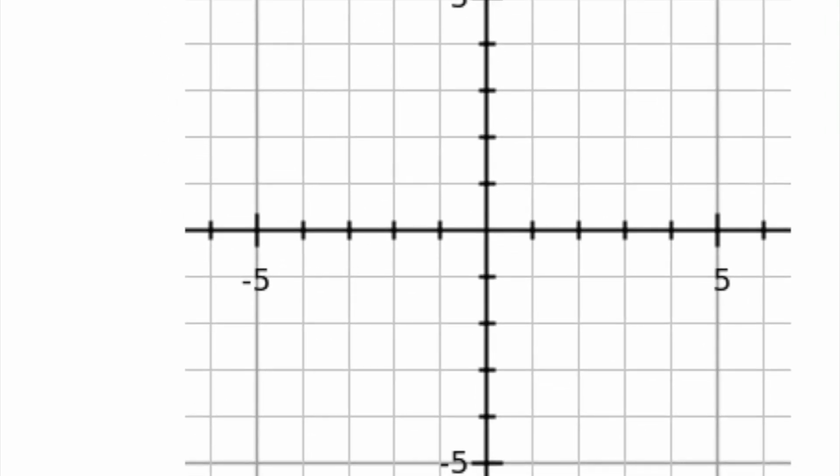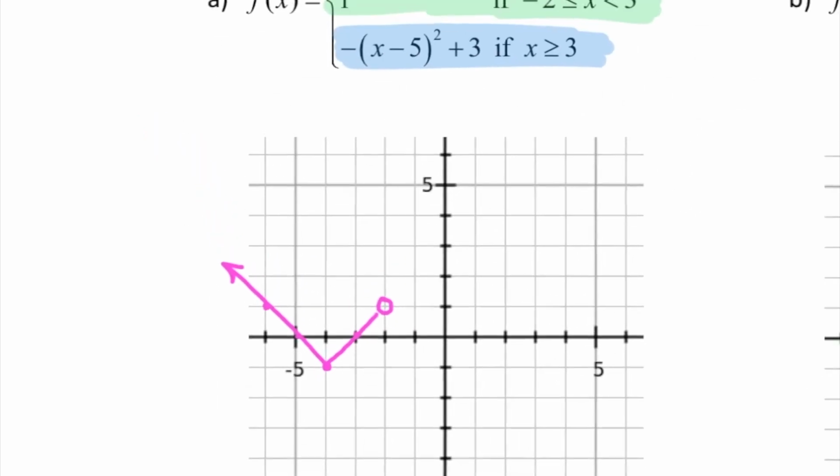And so I'm going to move the vertex of this graph to the left 4 and down 1, and then the slope is +1, and the absolute value portion of this graph goes to x is -2, and so this part of the graph that you should be using a straight edge for should look something like that.